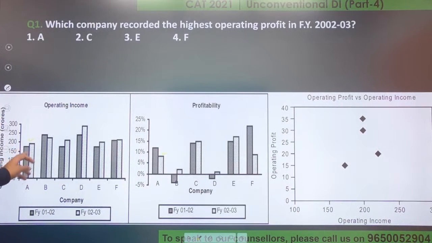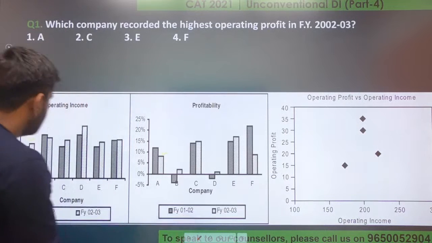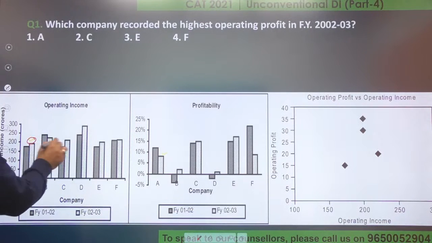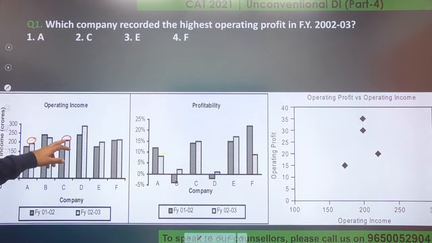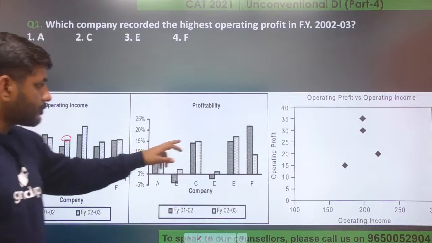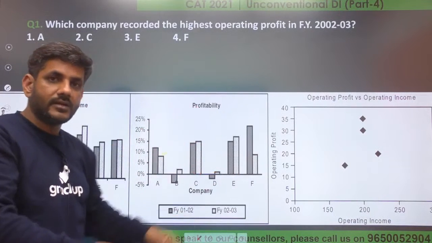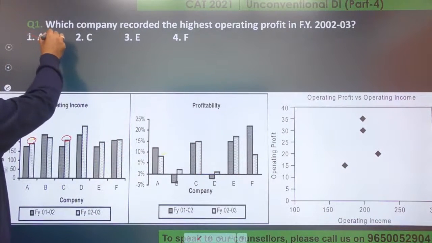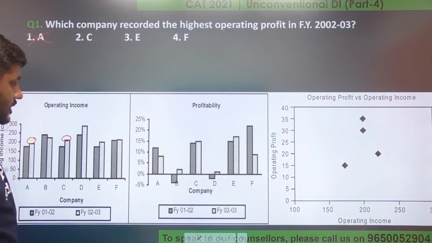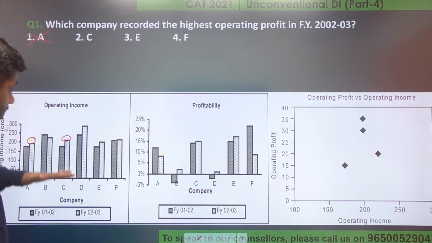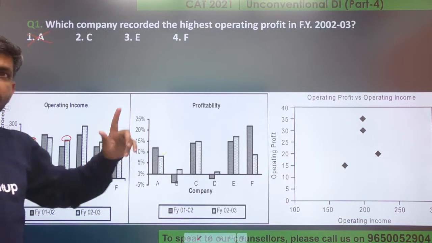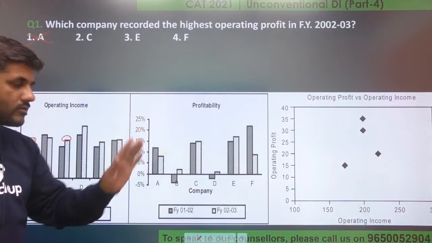Whereas when I talk about C then, ठीक है, A से अगर मैं C के ऊपर जा रहा हूं, in case of A and C I see the income of C is higher, the profitability of C is also higher. So ultimately profit would definitely be higher. So therefore option A is the wrong answer, right? Option A is the wrong answer because A की income भी कम है, profitability भी कम है C से. So between A and C surely A is wrong.